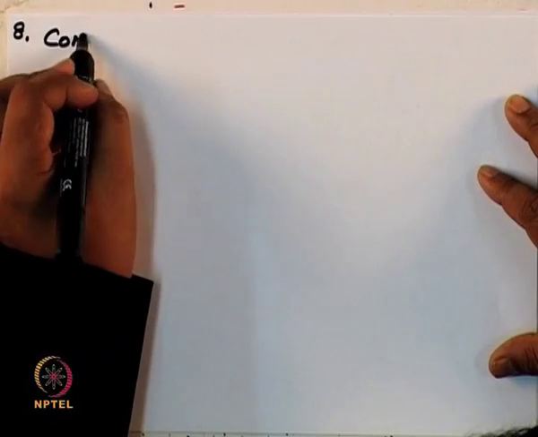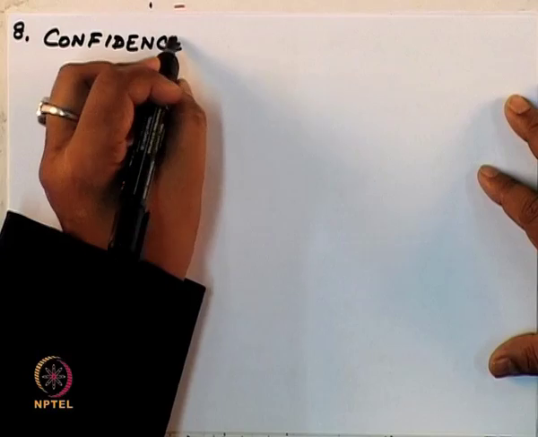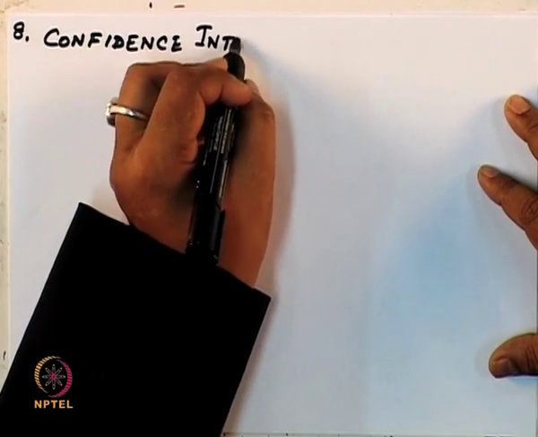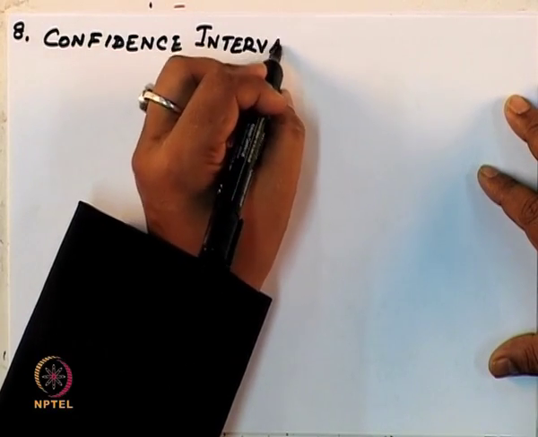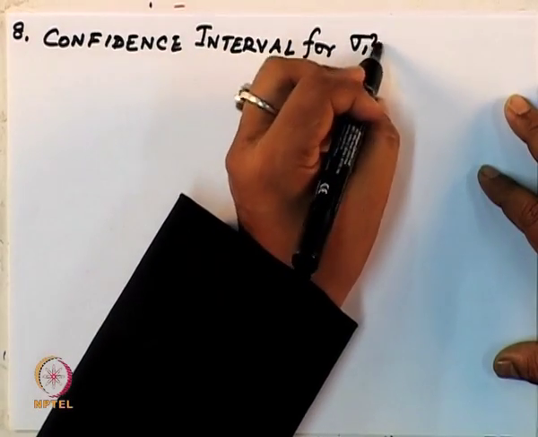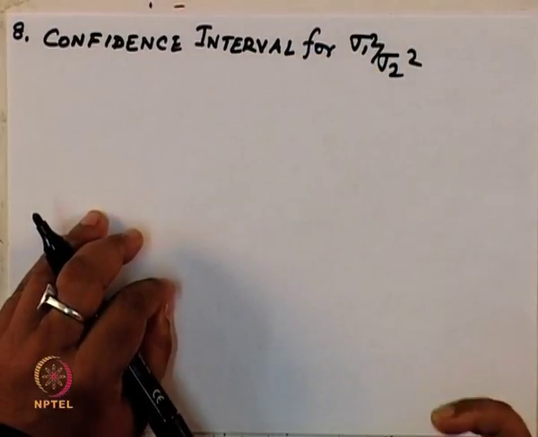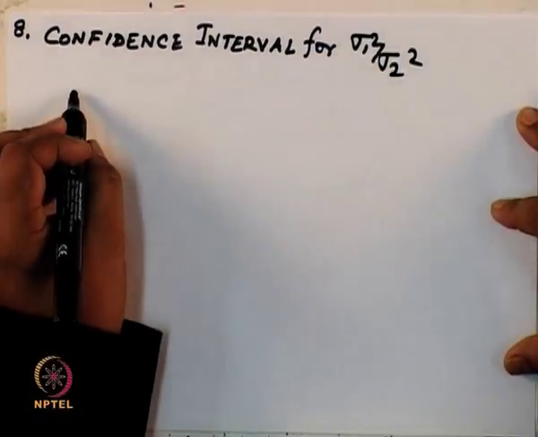So you can also find out the confidence interval for sigma 1 square by sigma 2 square, and that is given by the following bounds.